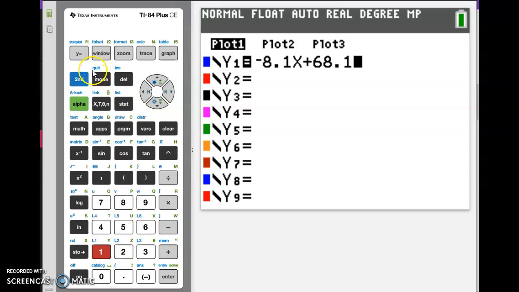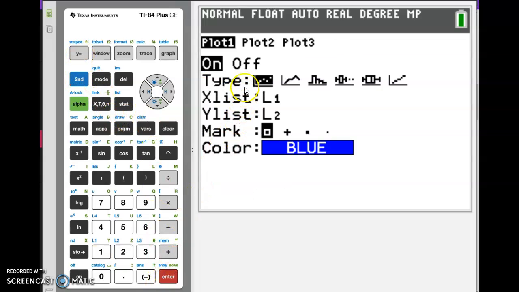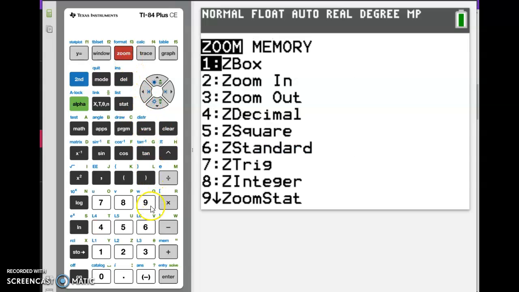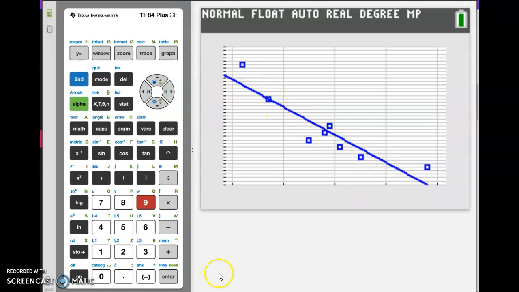And then we want to go to our plot, second y equals, go to Plot 1, make sure it's on, type scatter plot, x list will be L3, second 3, y list will be L4, second 4, and then just hit zoom 9. So there's the scatter plot, and there's the line of best fit that fits the data.